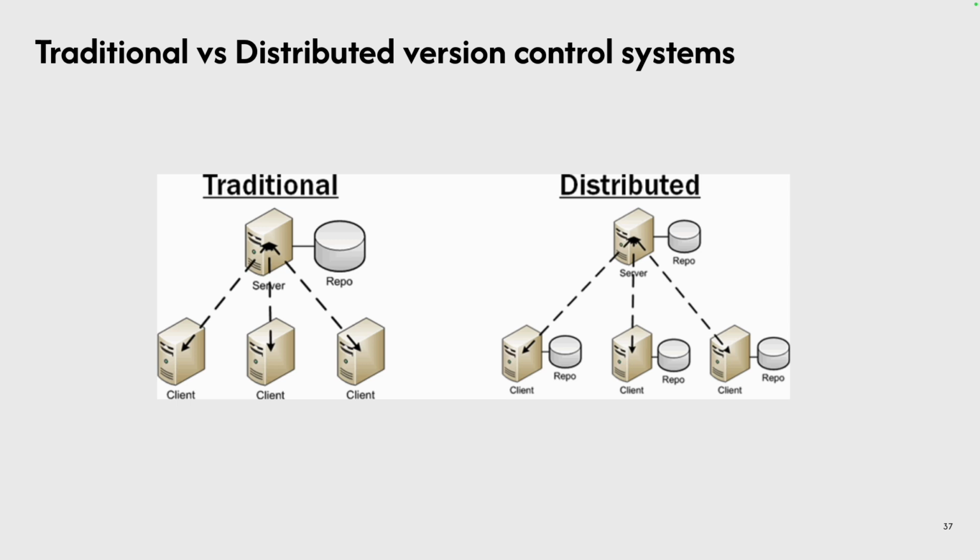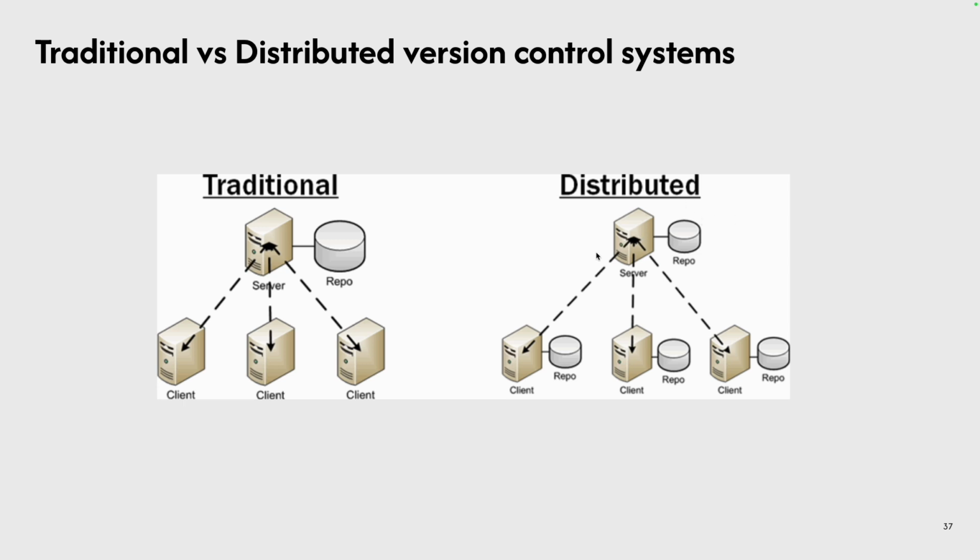So, traditional versus a distributed version control system. Traditionally, the client doesn't have a repo. Whatever changes you do here are stored in the server. Only the server has a repo. But in the distributed system, even the developers have a repo, and in turn the server also has a repo, so that the code is stored in multiple locations.